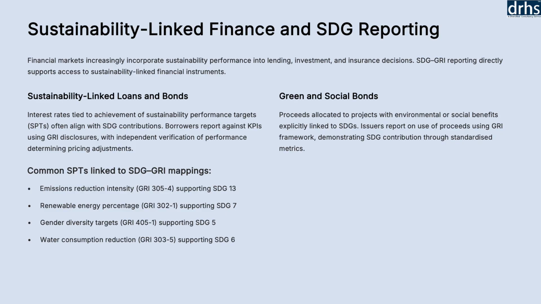Social bonds finance initiatives such as affordable housing, healthcare, education, and financial inclusion, supporting SDGs 1, 3, 4, and 10. SDG-aligned reporting, supported by GRI Matrix, strengthens transparency on allocation, impact measurement, and post-issuance reporting.